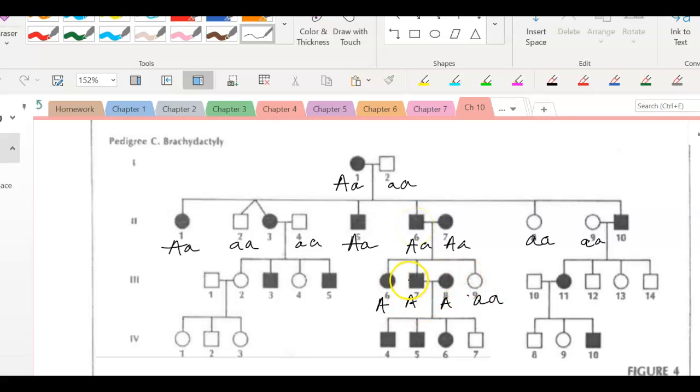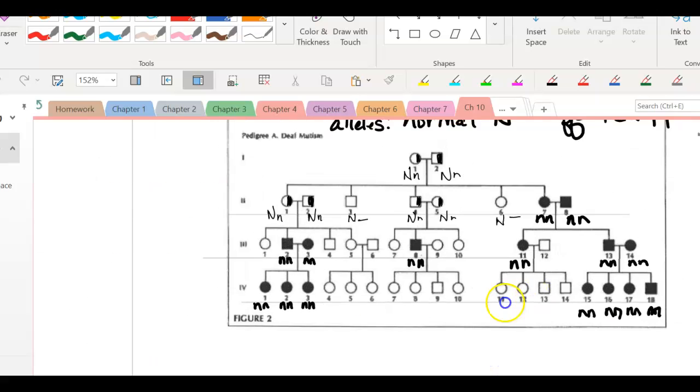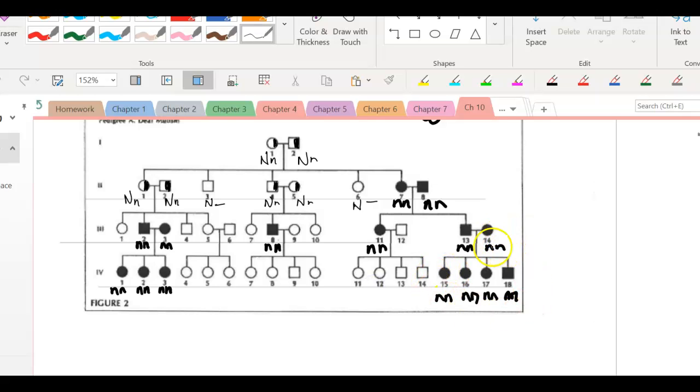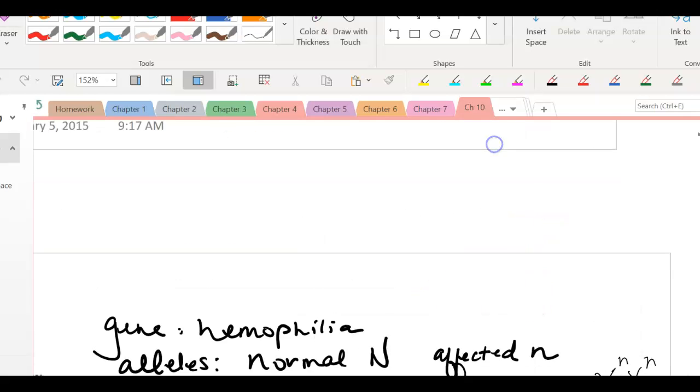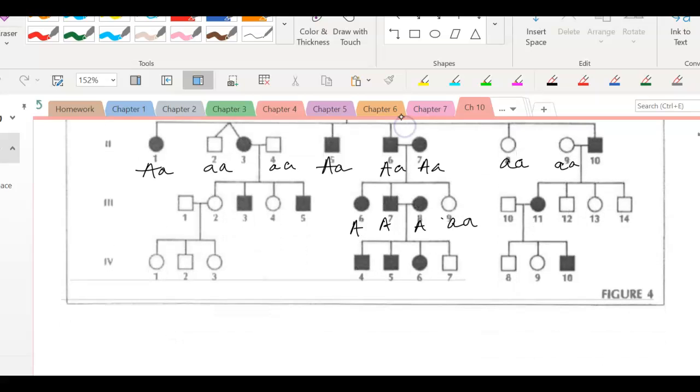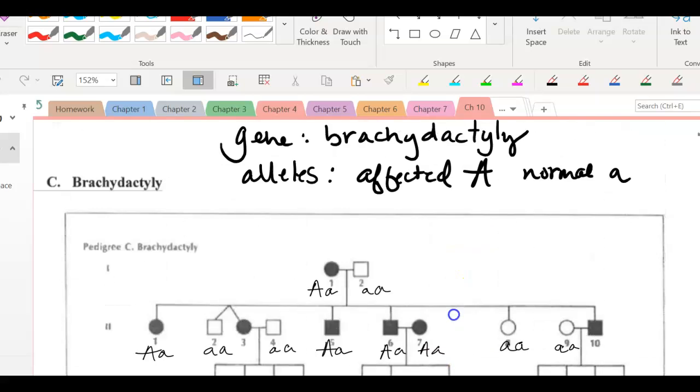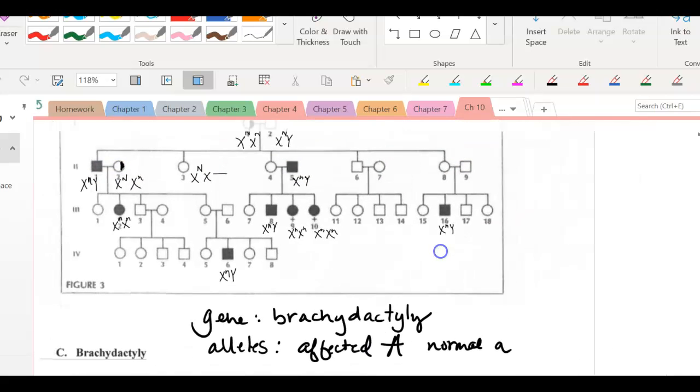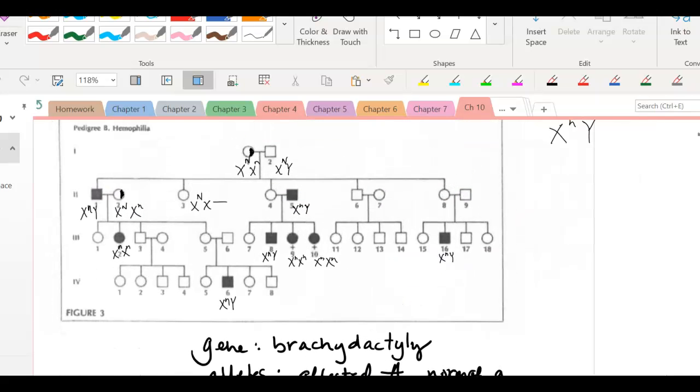Everybody would have to be affected if it was recessive, just like up here. So that's how I know this is recessive. And this one tells me that it is a dominant disease because that child is unaffected. And then this one, if I look at all their survivors on the pedigree, they're boys. So I know that's sex-linked. Okay.